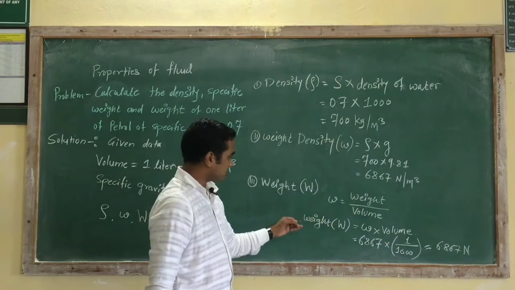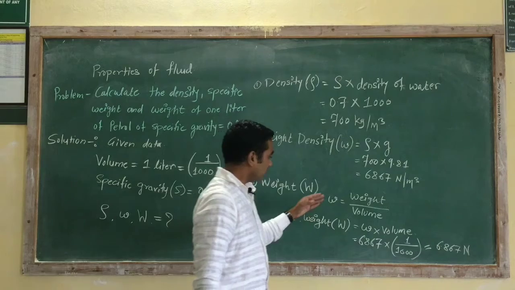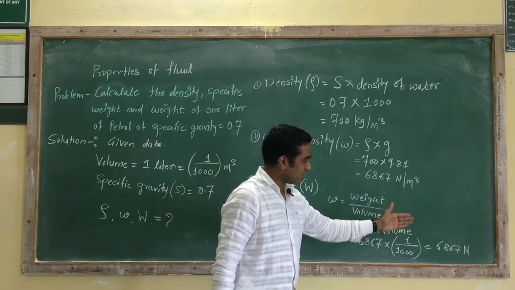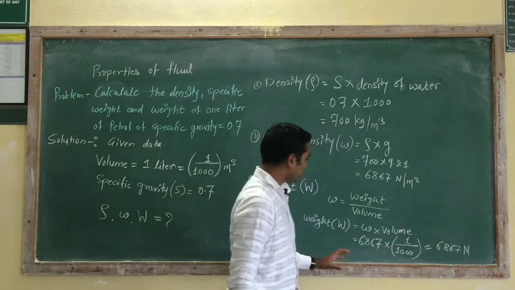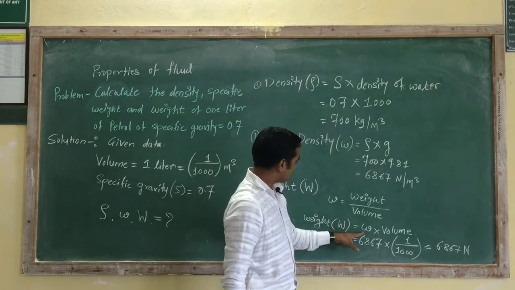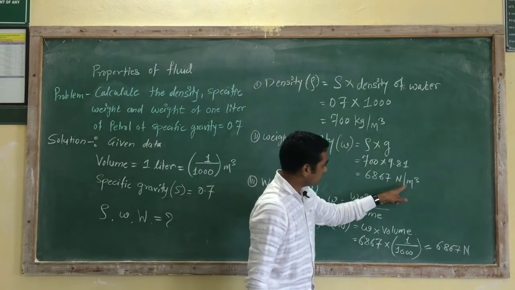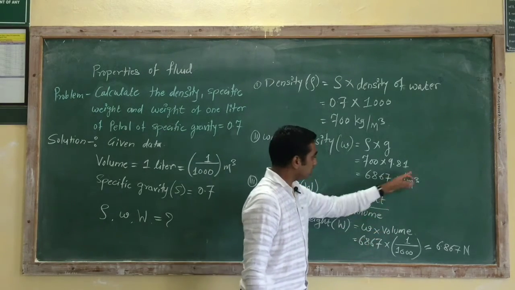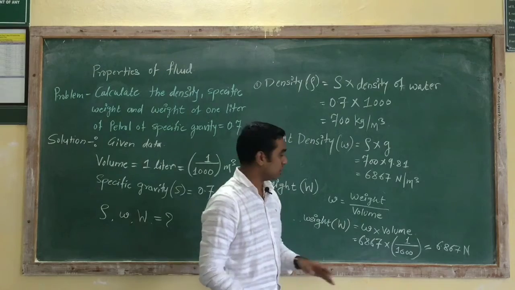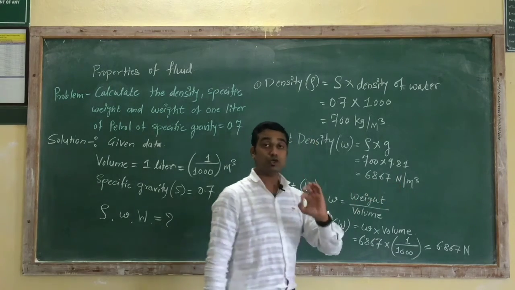Weight of the liquid is equal to 6.867 newtons. Its unit is newtons, because unit of this specific weight is Newton per meter cube and multiplied by meter cube. So meter cube gets cancelled and the unit becomes newtons.